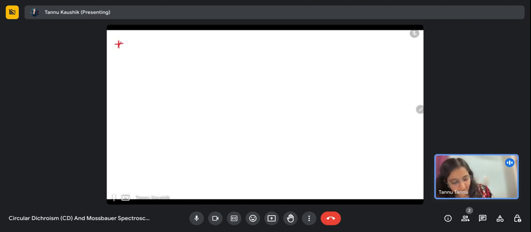So now if we have some other molecule, for example, if we have a complex.